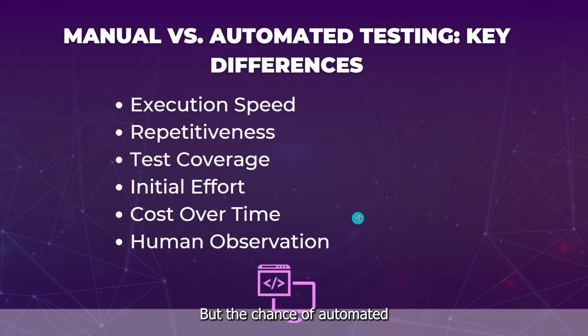But the con of automated testing is it lacks human observation, since a script can't be as intuitive as a human tester. Testers have exploratory tendencies, which means they can be creative in their own ways of testing some interactables on the website.